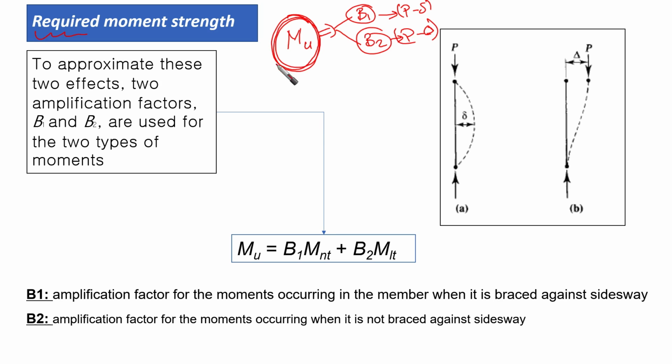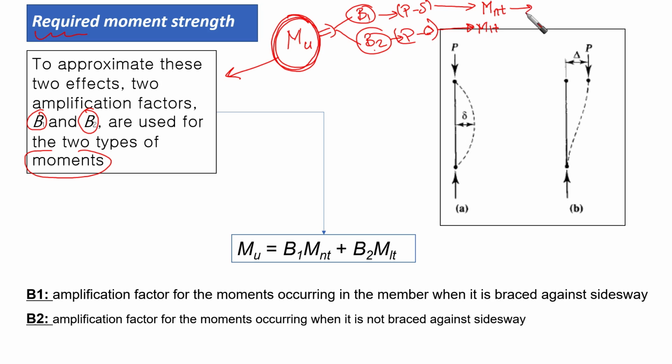Based on this, we are to approximate these two effects. Two amplification factors, B1 and B2, are used for two types of moments. The first is designated M NT, and the second is designated M LT.